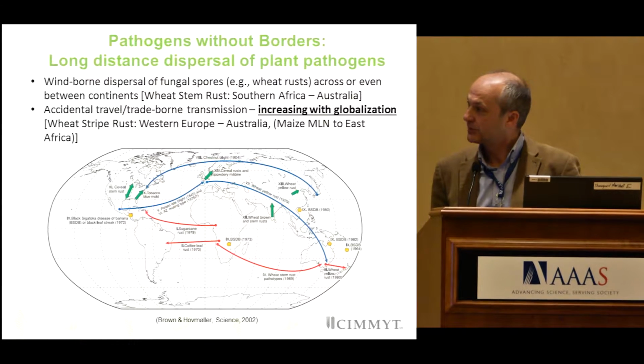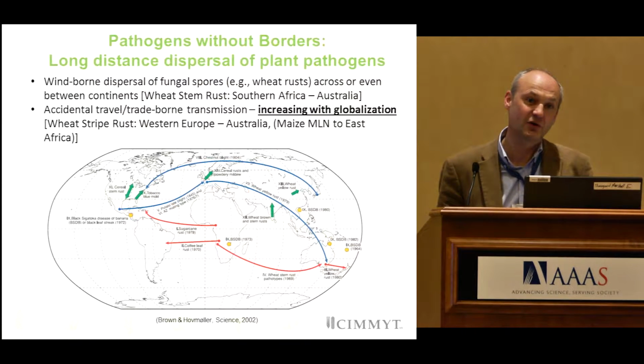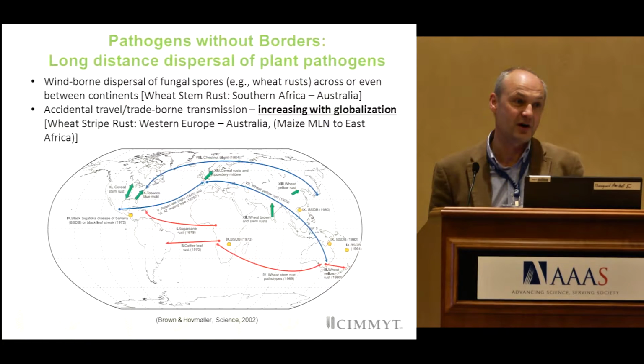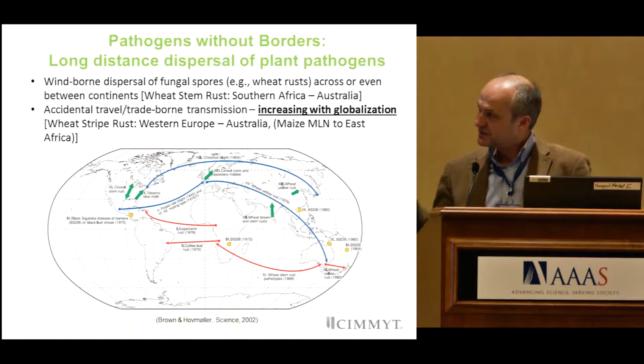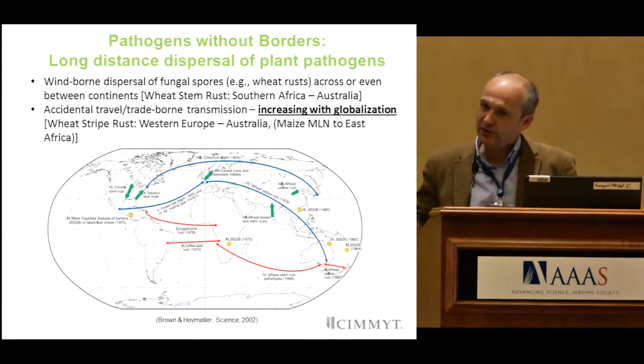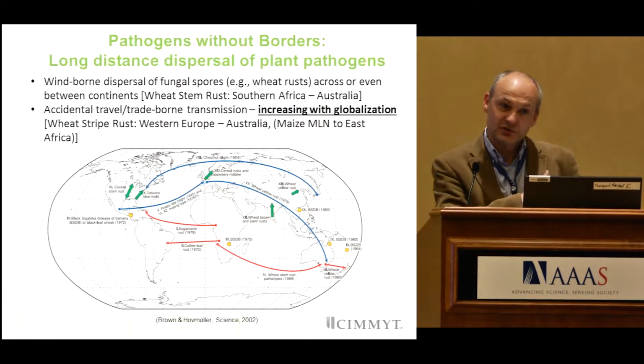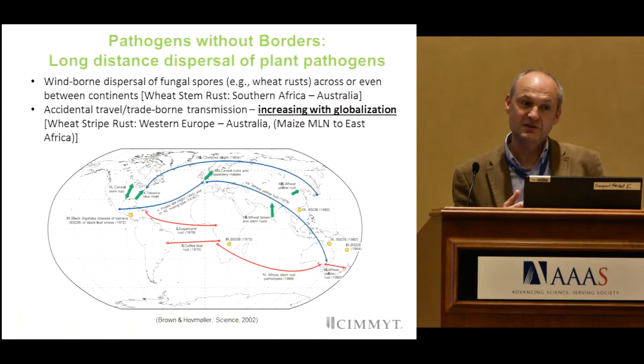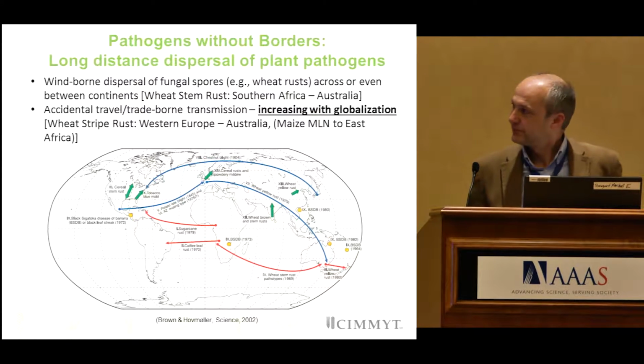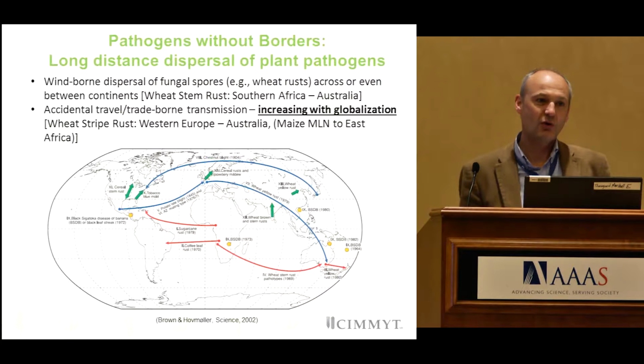It's causing hundreds of millions of dollars in losses to farmers. But these sorts of human-mediated movements are increasing at a frightening rate across crops, across different diseases. The world that we live in is ever more connected.